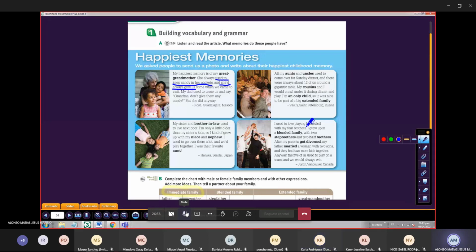That's correct, but we're lacking: I used to love playing basketball. The 5 of us used to play on a team, and we would always win. Those are the structures that we found in this passage.